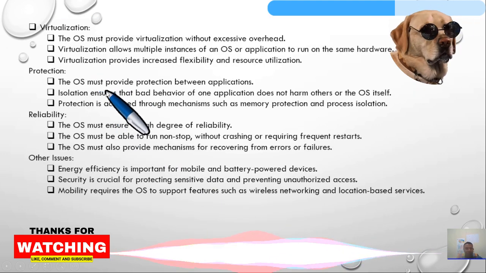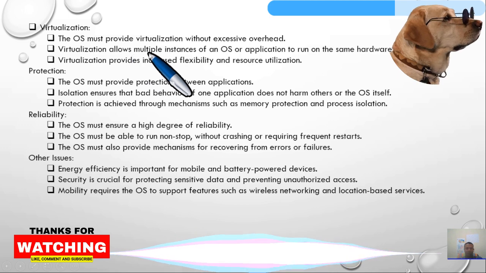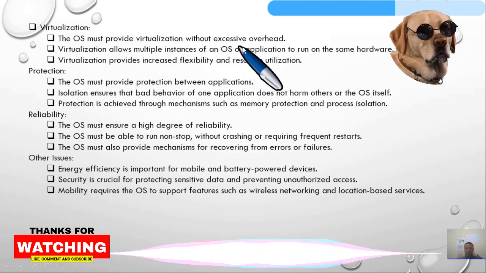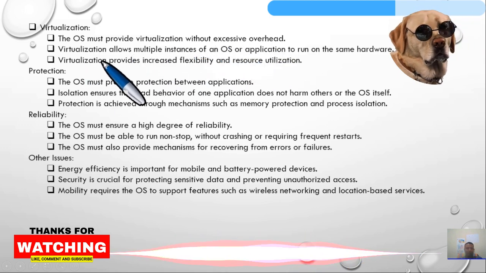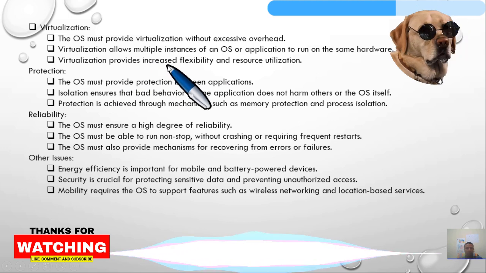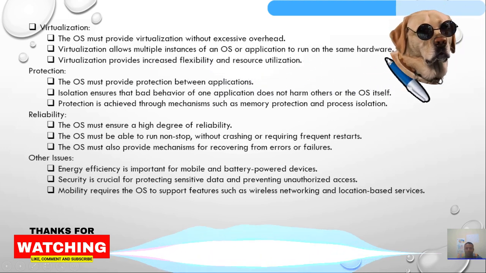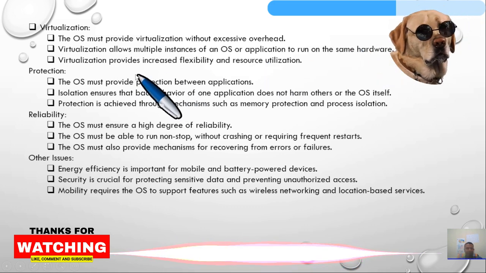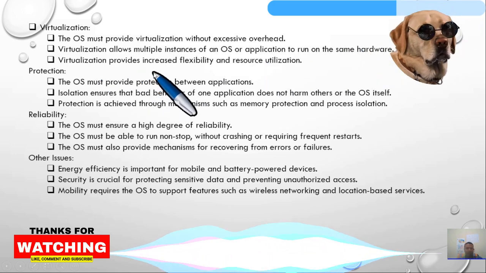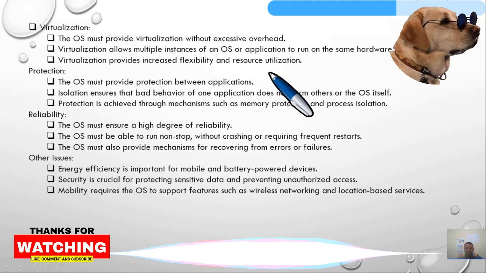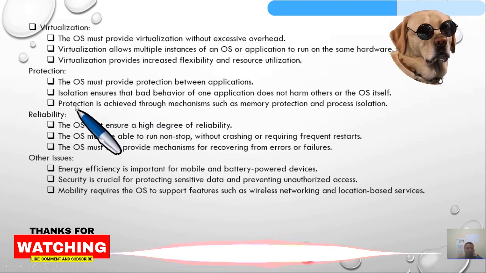Virtualization is the other type, and the OS must provide virtualization without excessive overhead. Virtualization allows multiple instances of an operating system or application to run on the same hardware. Virtualization provides increased flexibility and resource utilization.